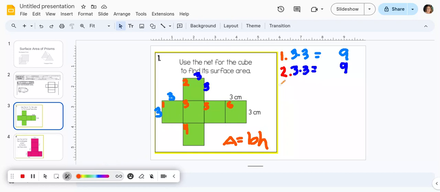Shape number 3 is going to be 3 times 3. That is also 9. Shape number 4. 3 times 3, which equals 9.